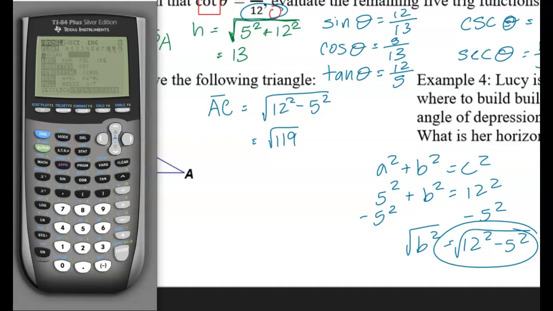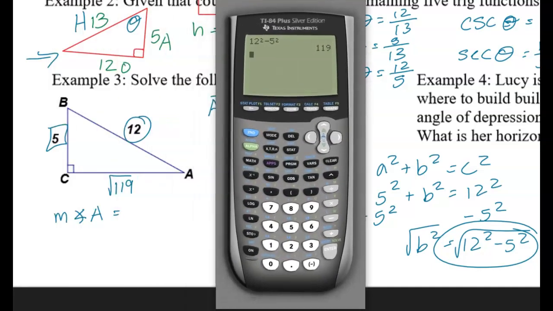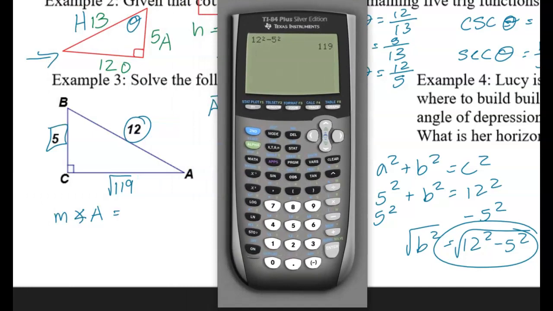Okay. So now, anytime you're missing the angle, which we clearly are here, you have to do an inverse trig function. Now, because we're finding the angle, it doesn't really matter which trig function we use. You can use sine, cosine, or tangent. I'm just going to go ahead and use sine.